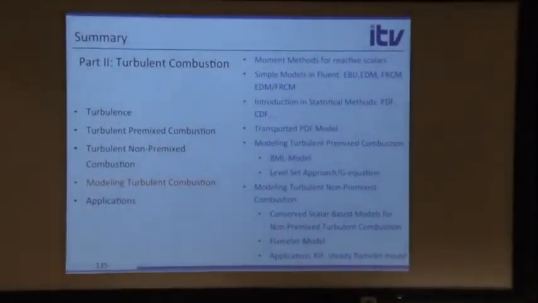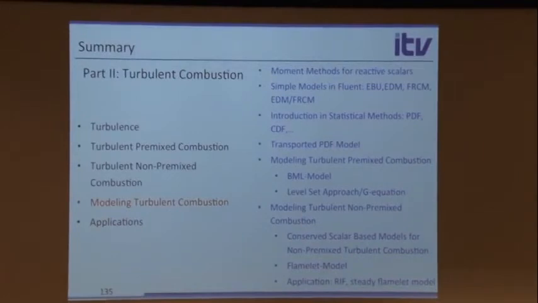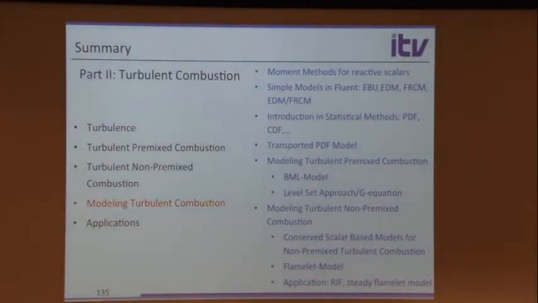I showed you this transported PDF model. I showed you then some models for premix combustion. The Bray-Moss-Libby model is a simple flamelet model. That should just give you the idea of how these models are constructed and show you some of these aspects.